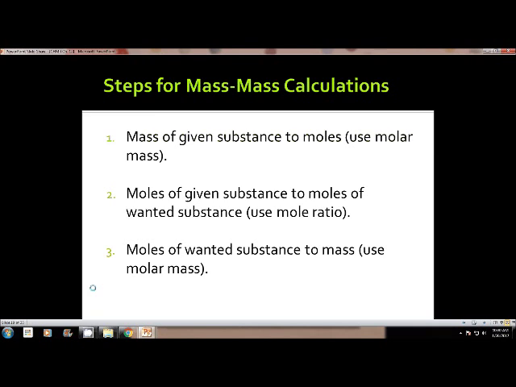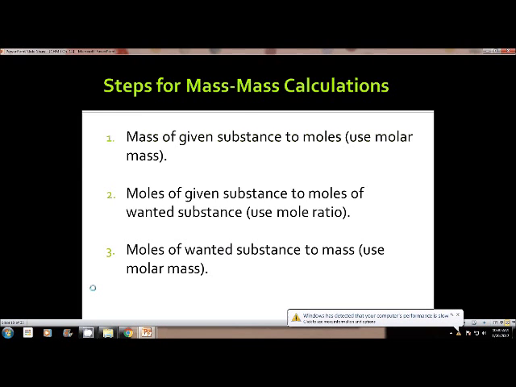But it's the molar mass of the given. Then, after you get to the mole ratio circle, you're going to use the mole ratio like we used yesterday, where you put the coefficient of the want over the coefficient of the have. And then the last step is you're going back to the mass circle to use the molar mass. But this time it's the molar mass of the thing you want to know about, or the wanted substance.